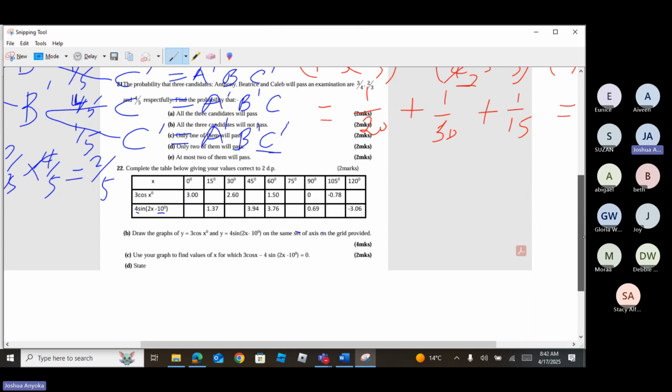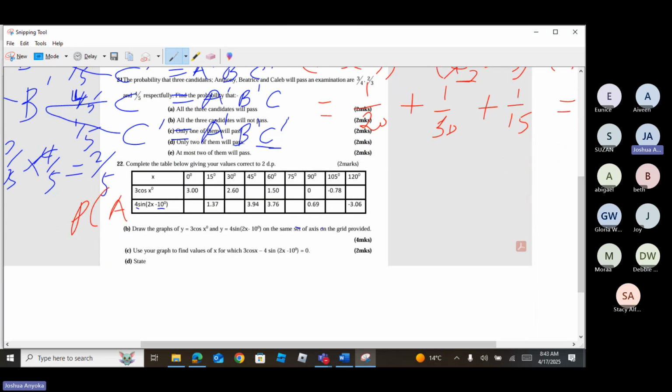So it is the probability that Anthony will pass, Beatrice will pass, and Caleb will fail, or the probability that Anthony will pass, Beatrice will fail, Caleb will pass, or the probability that Anthony will fail, Beatrice will pass, and Caleb will pass. So these are only 2 of them will pass.